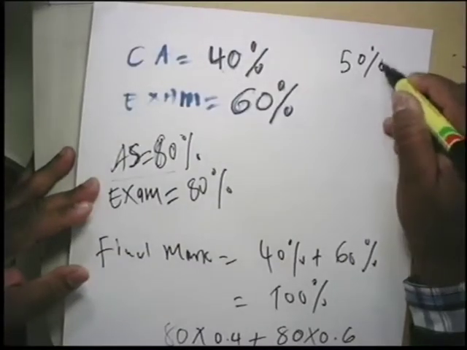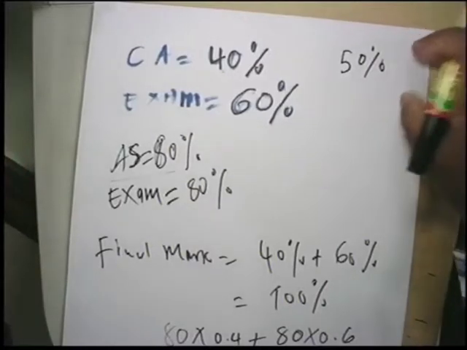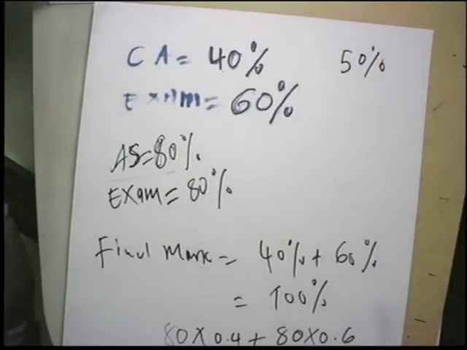It depends on what you scored in that assignment. If you scored 60 out of 120, you got 50%. That is your CA, 50%. You will enter this in the examination as 50% for the assignment.